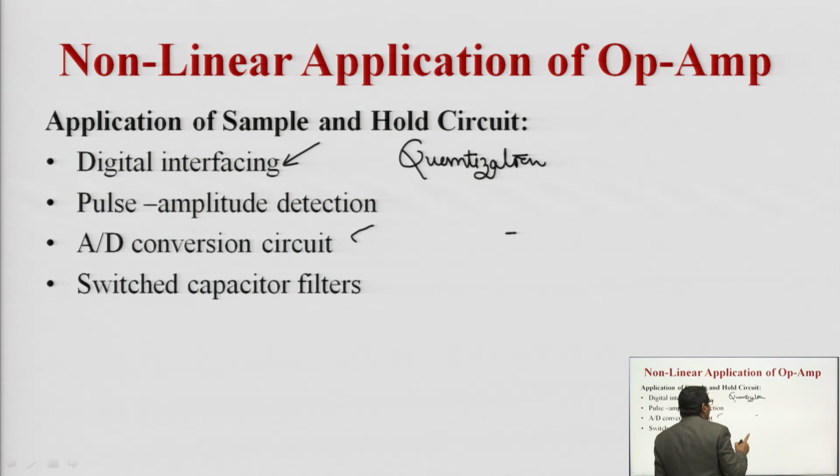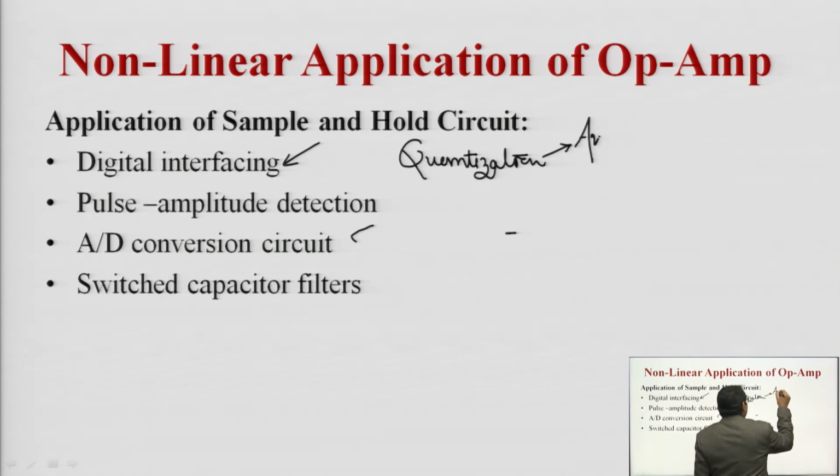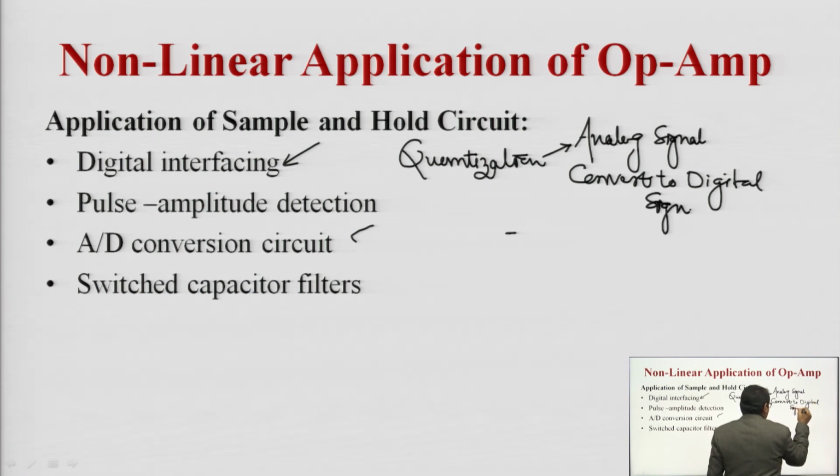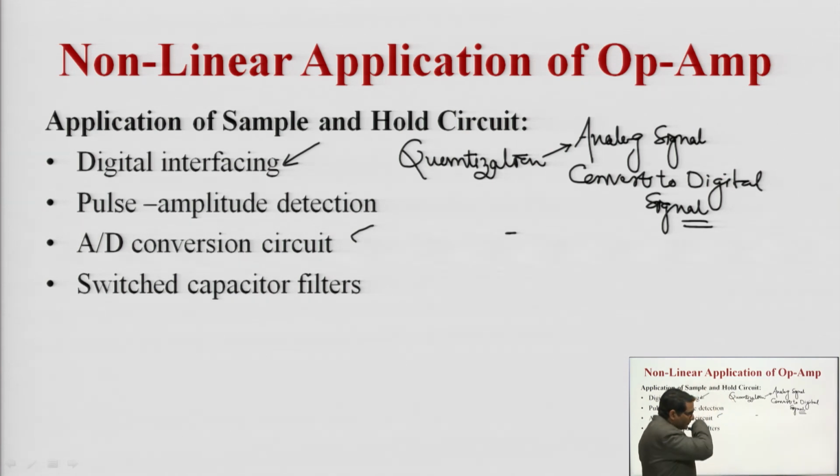In quantization, an analog signal is converted to a digital signal. So, the sample and hold circuit is used for quantization of an analog signal.